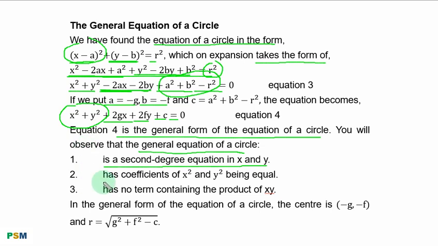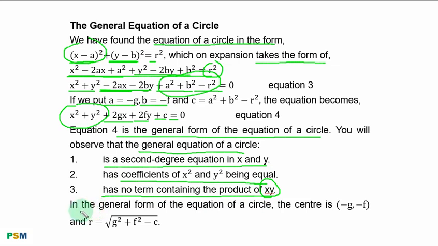Property 2, the equation has coefficients of x^2 and y^2 being equal, 1, 1. 3, the equation has no term containing the product of x, y.